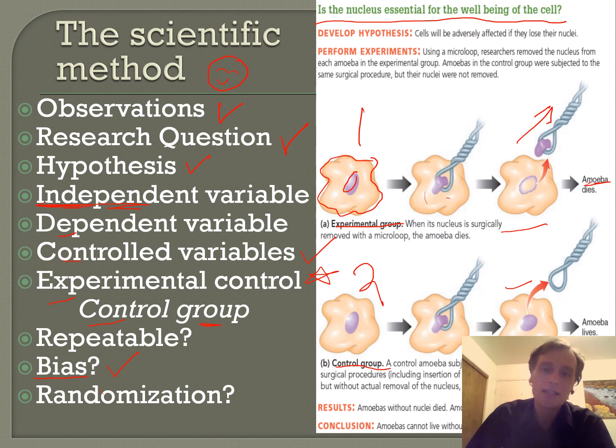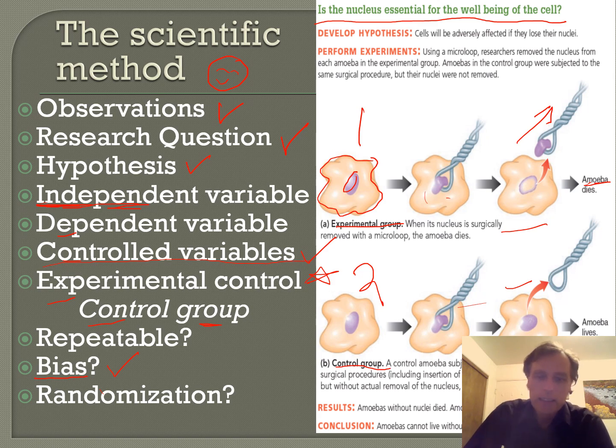They must be cells of the same age, cells that we found in the same location. For example, you couldn't have found the group 1 or the experimental group cells in a polluted gutter and then gone to a pristine pond and gotten these cells and then done your experiment. That would have some obvious problems because you failed to keep some of the controlled variables the same.